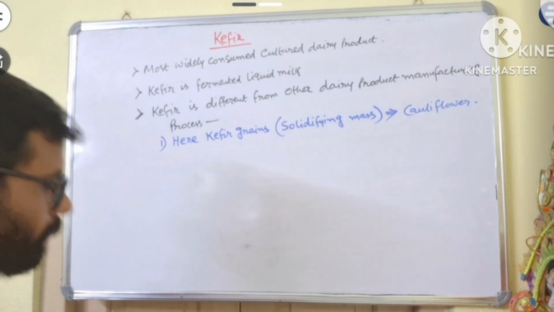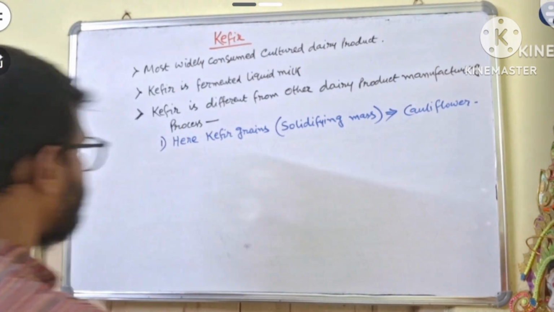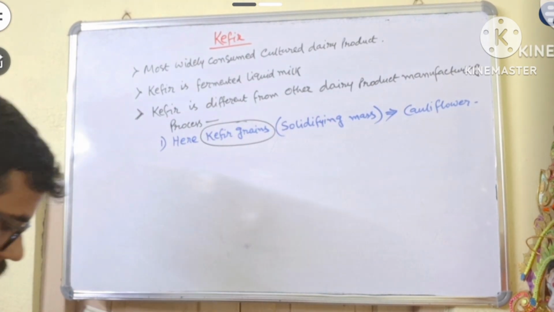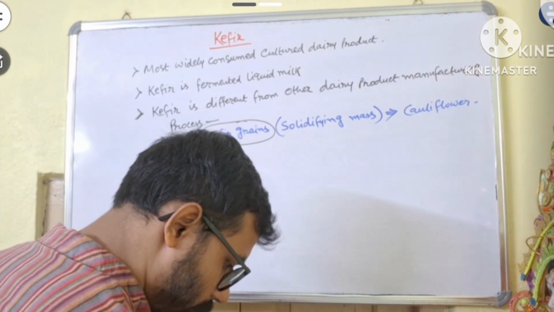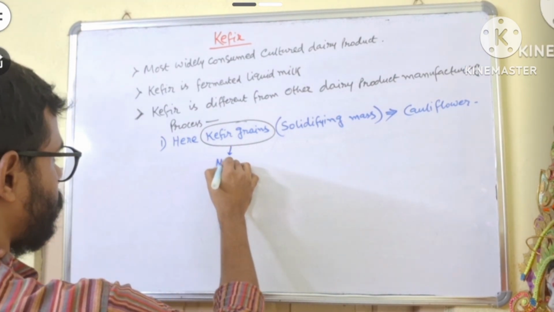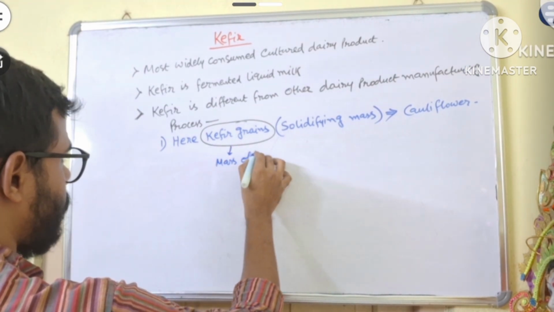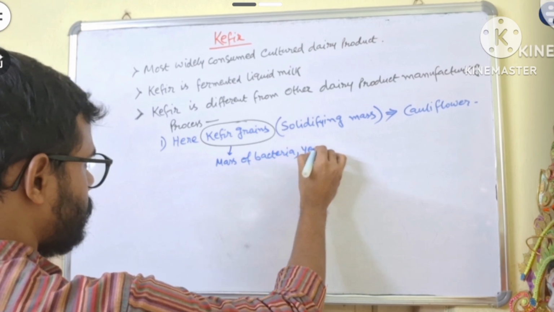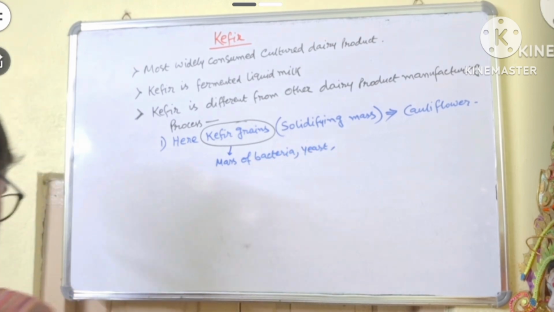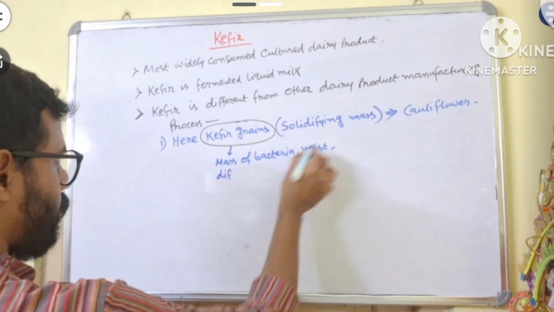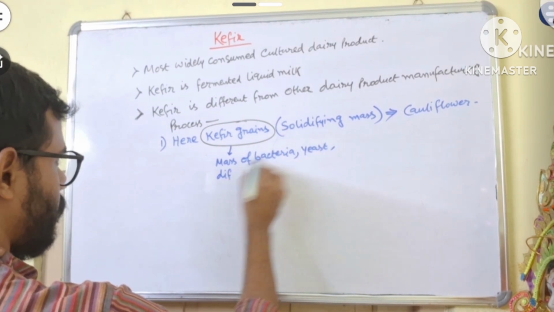So what is kefir grain? What is kefir grain, which is the differentiating process from other manufacturing steps? Kefir grain is a mass of bacteria, yeast, and different kinds of metabolic products of these bacteria and yeast.